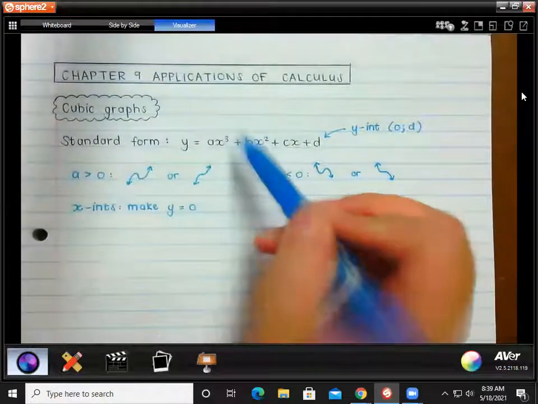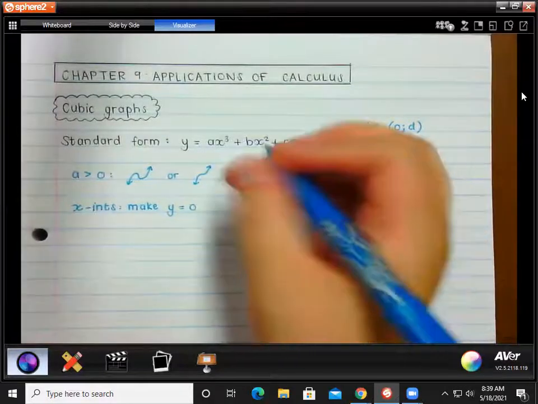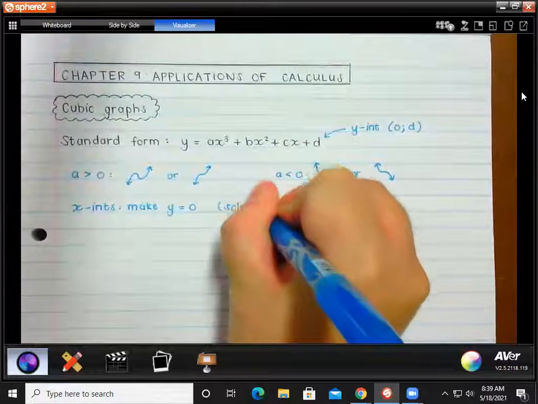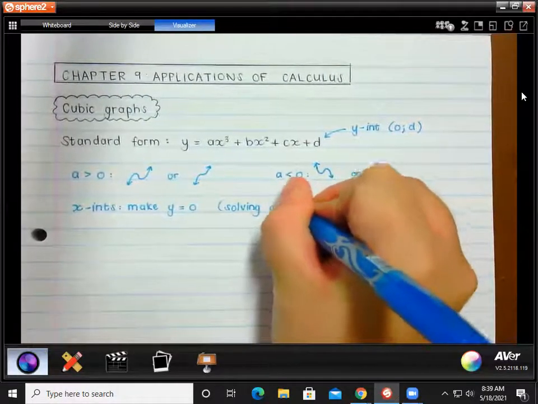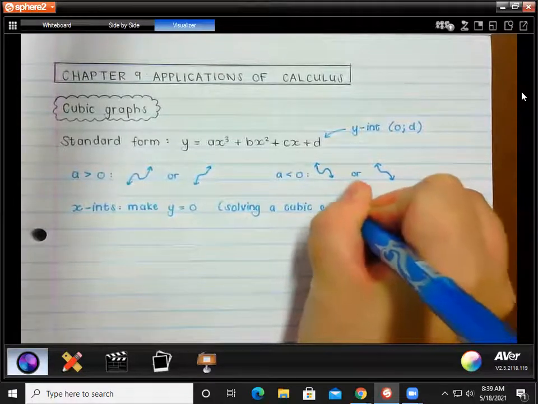You might get 3 x-intercepts, you might get 2, you might only get 1, depending on the type of graph. But this is then going to be solving a cubic equation.